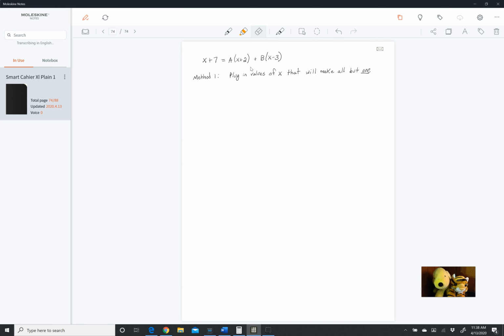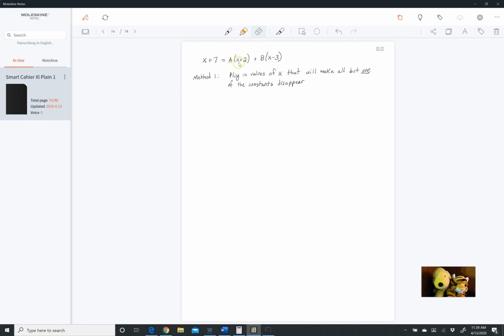It's really important that it's only one of the constants that stays. And when we say constants, we're talking about the a and the b. So in this case, we only have two constants, so we're only trying to make one of them disappear.